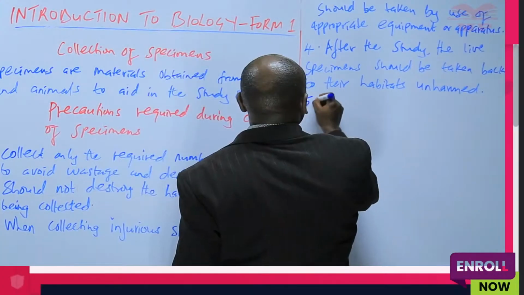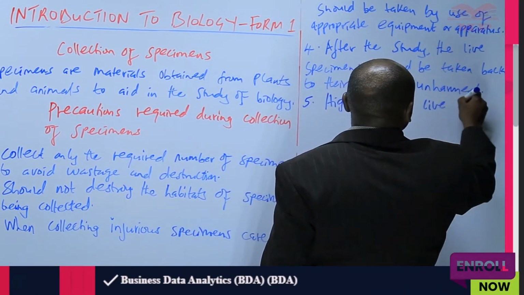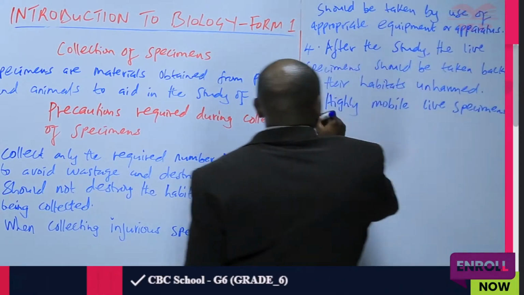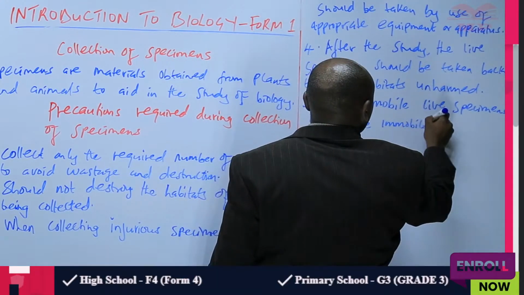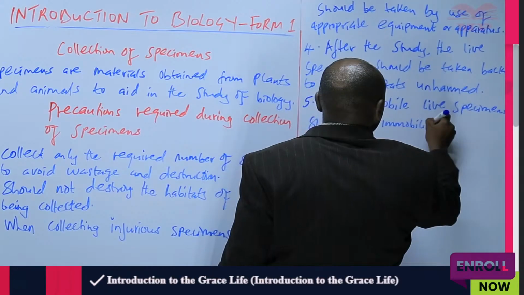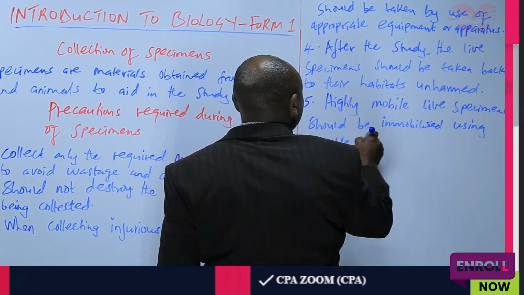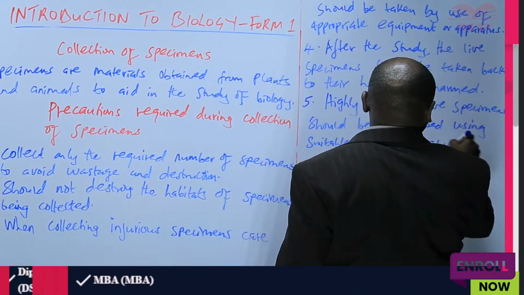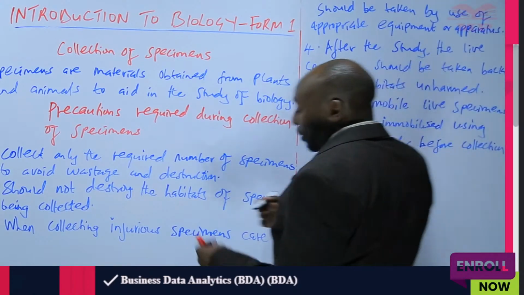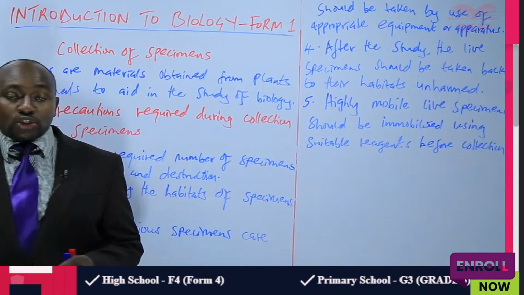So highly mobile live specimens should be immobilized using suitable reagents before collection. So basically, those are the precautions that one requires during the collection of specimens.